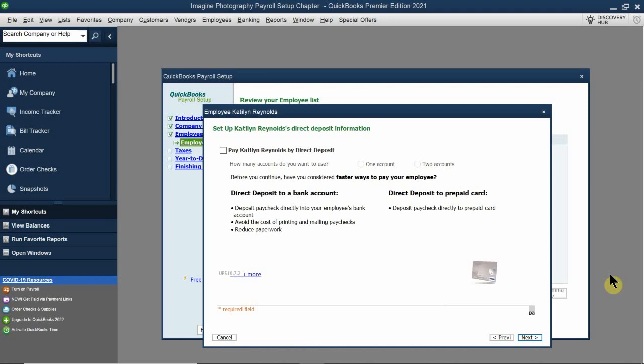If you have less than 20 employees, it's not worth it to pay the bank money to process direct deposit. That's a huge rule that you want to make sure you understand. Is it free? No, it costs money.